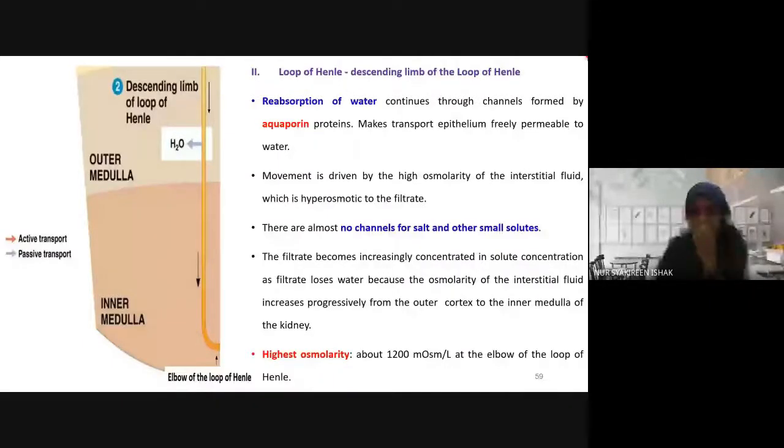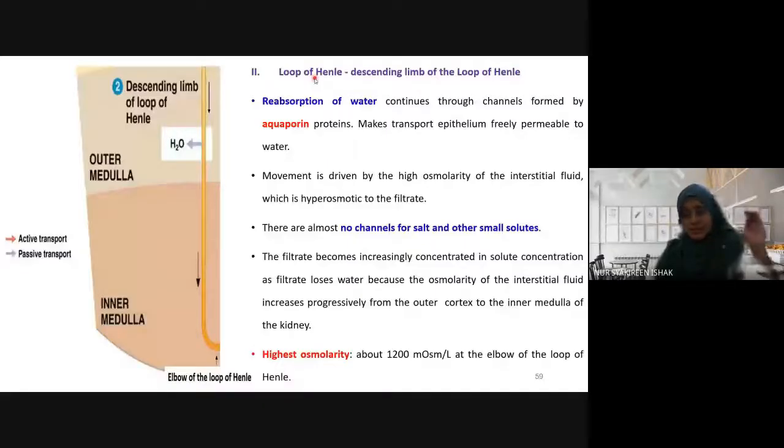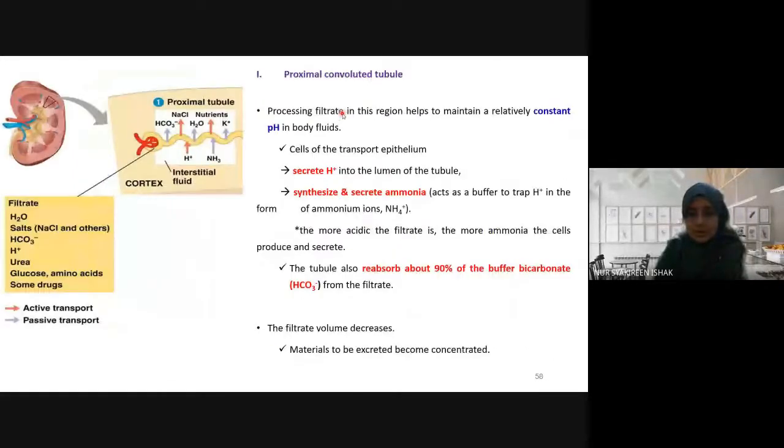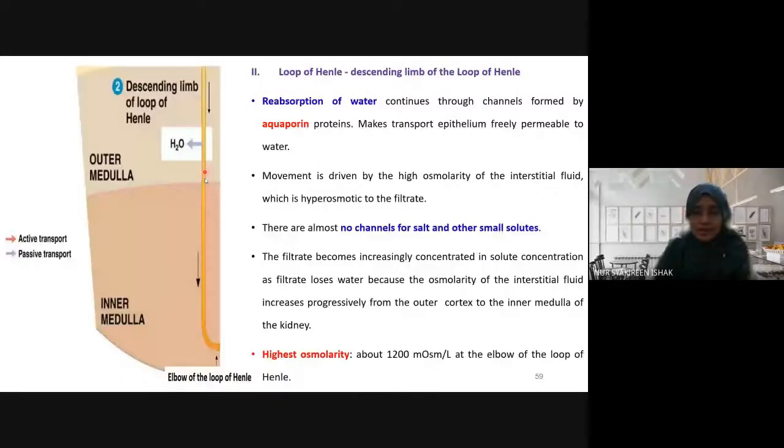So the loop of Henle has two regions. First, from the proximal tubule, the filtrate enters into the descending limb of the loop of Henle. This is where reabsorption of water occurs. Along the descending limb, only reabsorption of water occurs.